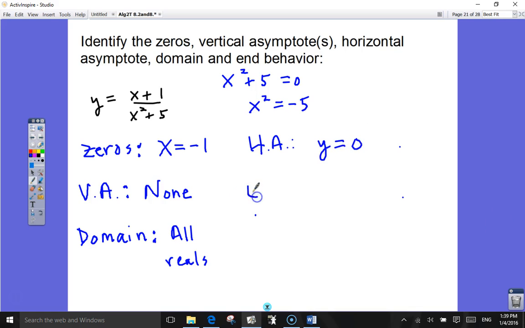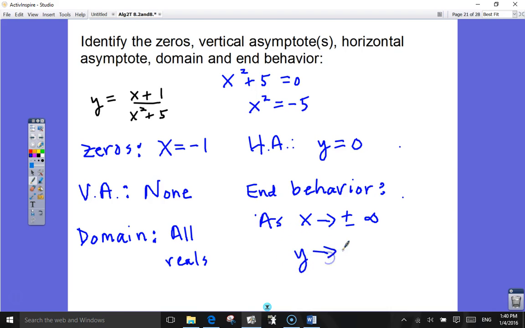So that makes the end behavior: as x approaches plus or minus infinity, which means as you go to the extreme left and the extreme right of the graph, the y values are approaching 0. Right? These two match.